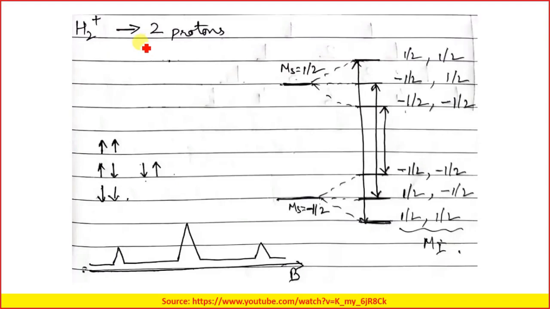Now similarly, if you have two protons, see, minus half, plus half. Now over here, if you see, these are Mi components, these are not the Ms component. I have just written the Mi components: half, minus half, half, minus half, and the middle one is half, minus half.